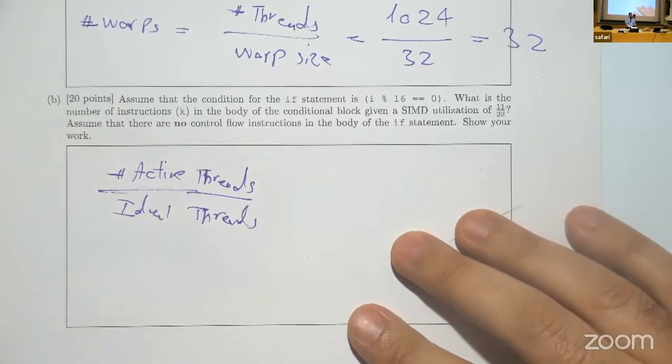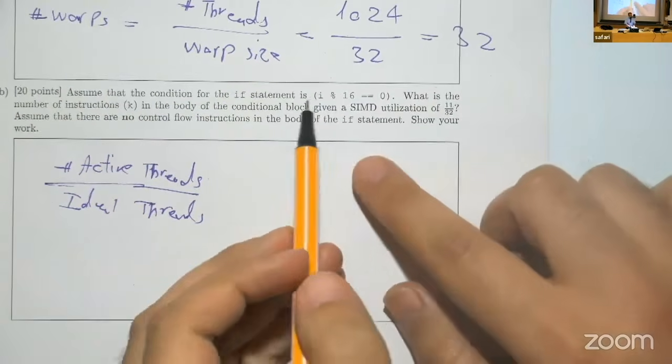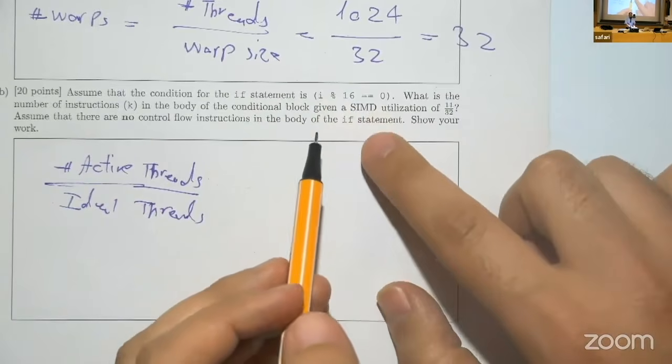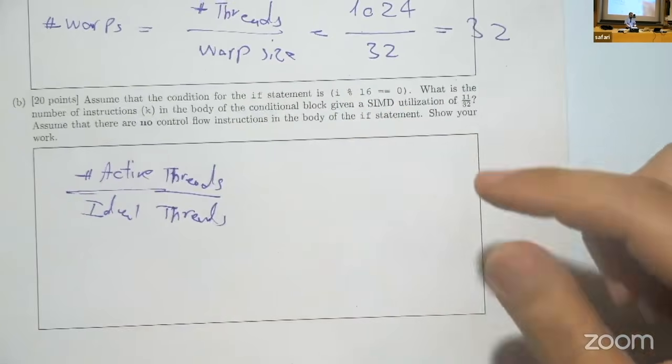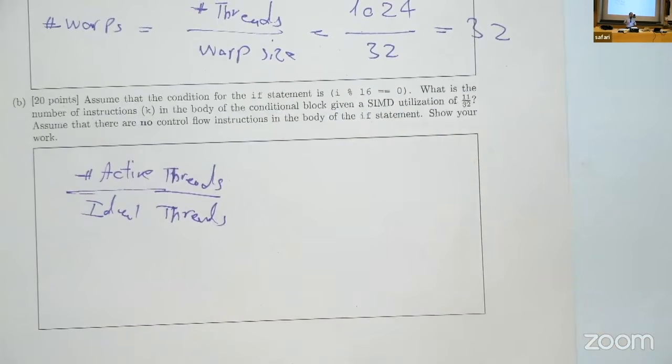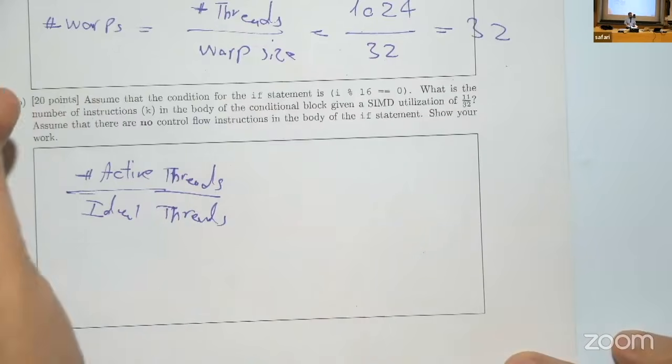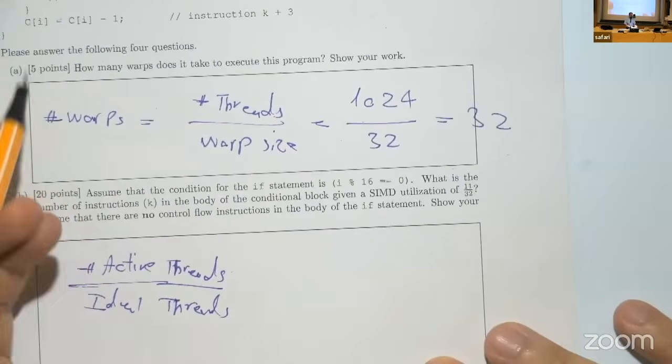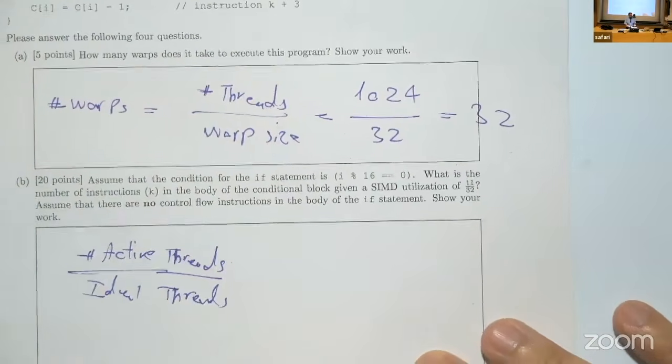Our if statement is i mod 16 equals 0, which means that in every warp, there are two threads, thread ID 0 and thread ID 16, that take this branch. The other threads don't enter the if block and go to the last instruction, k plus 3.